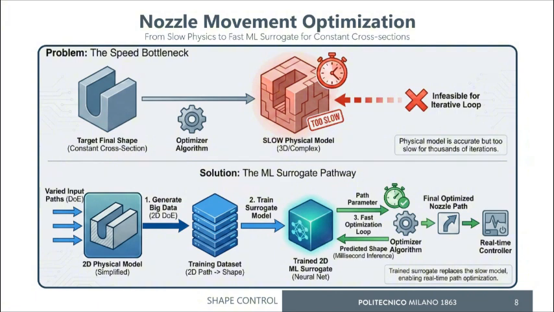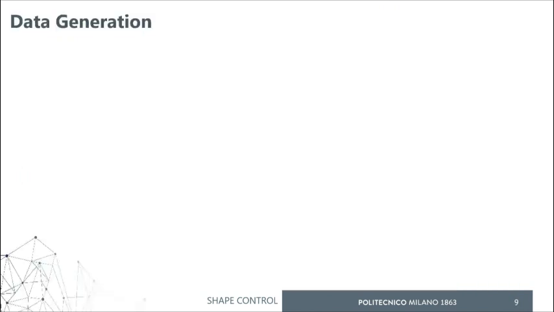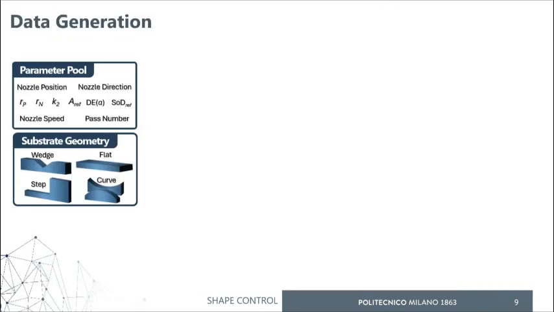Also, because the main focus of my thesis is on welding, and most welding joints are shapes with constant cross sections, we downscaled the model into a 2D model. For training the surrogate model, we need big data.